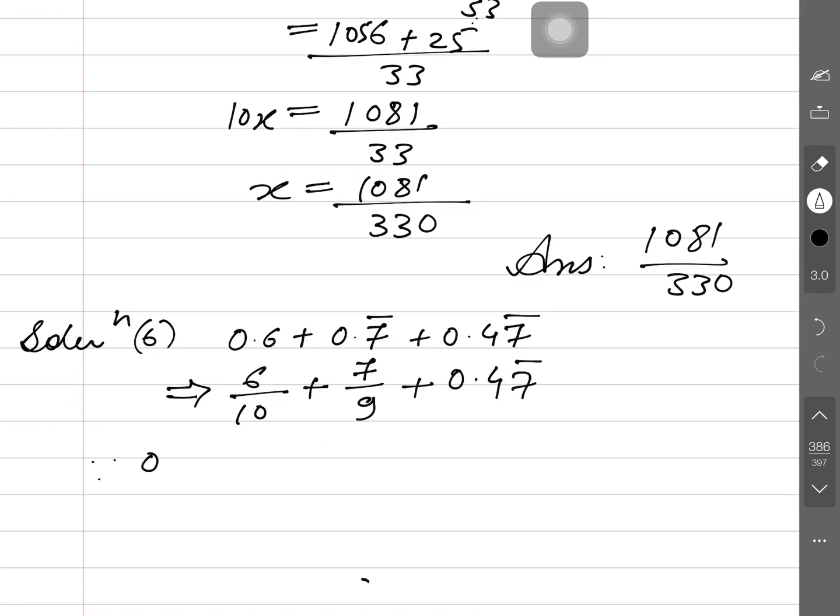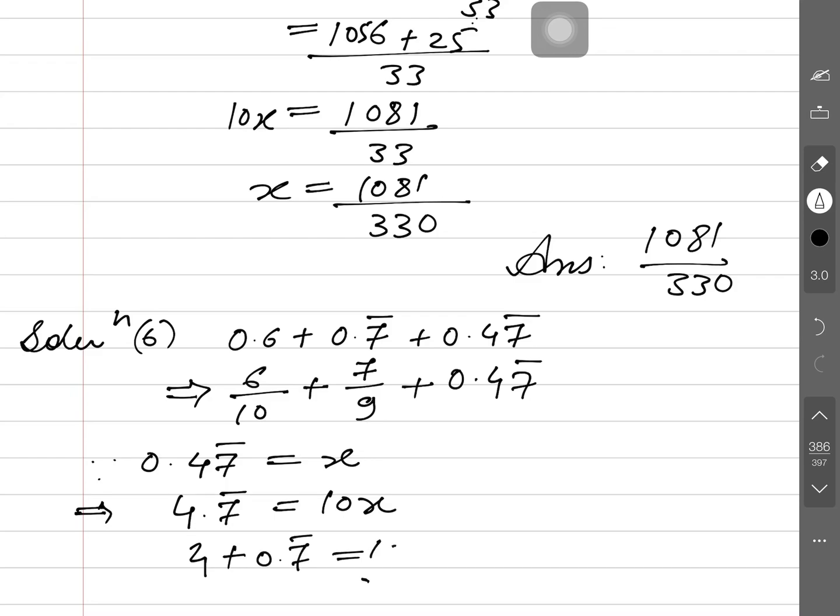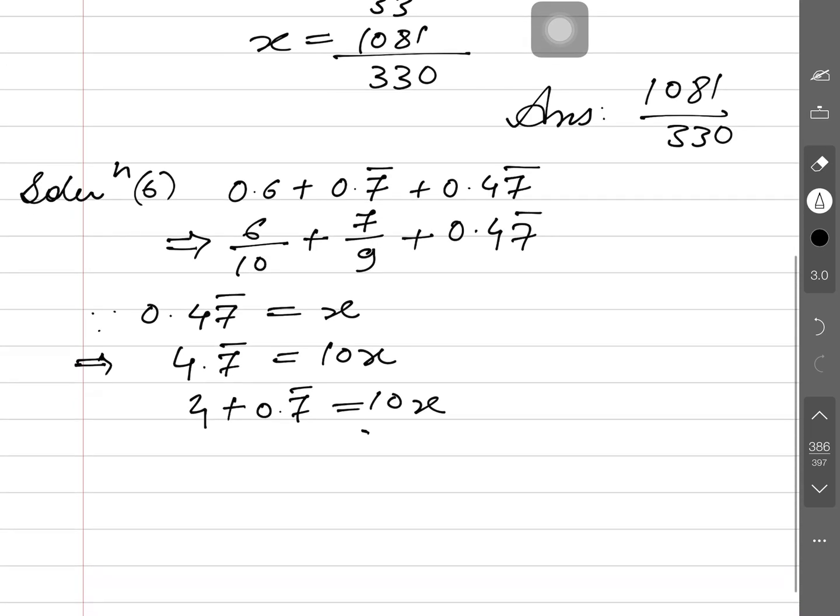Since here you will write 0.47 bar, you will suppose it as x. Furthermore, 4.7 bar is equal to 10x. Again it can be written as 4 plus 0.7 bar is equal to 10x, and further 4 plus 7 by 9 is 10x.